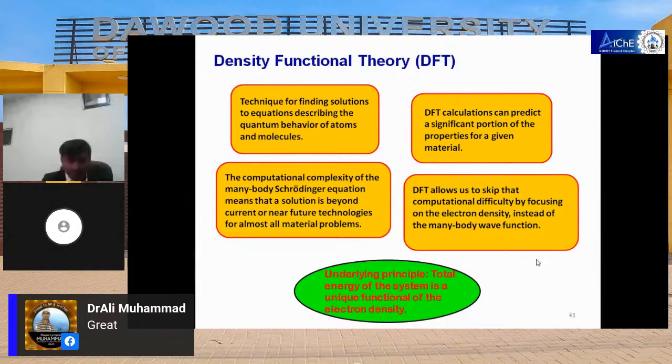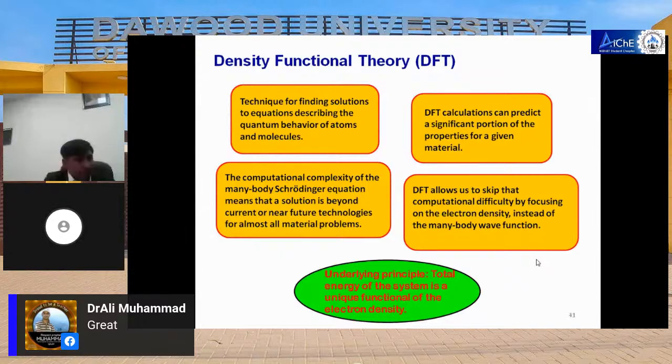So this method was developed to solve the complexity of applying the Schrodinger equation to materials, and using this method we can solve materials and their quantum mechanical properties in a very simple way. Instead of the wave function, we use electron density to solve certain quantum mechanical equations to finally get the properties of those materials.